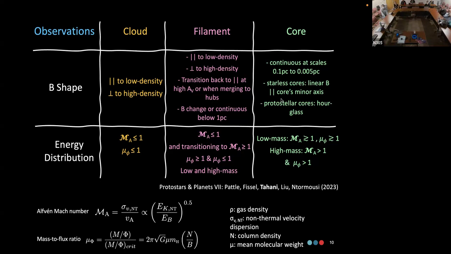So one thing about the energy distributions that I'd like to highlight is that these observations are statistical, and they're mostly using a technique known as the Davis-Chandrasekhar-Fermi technique, which can overestimate magnetic fields.